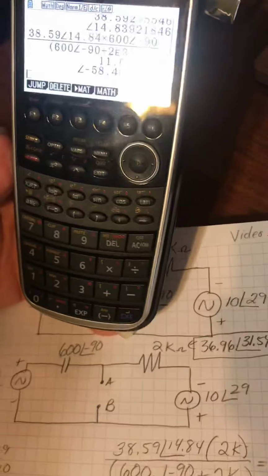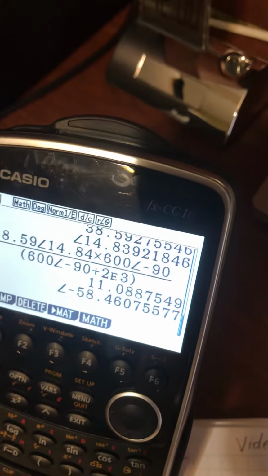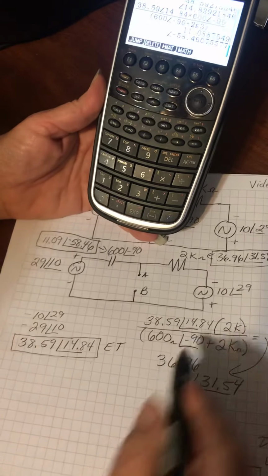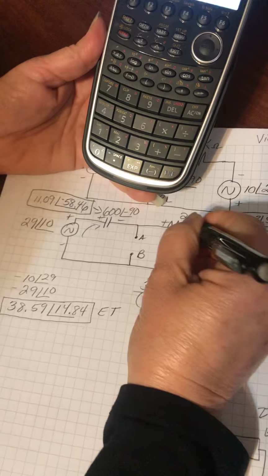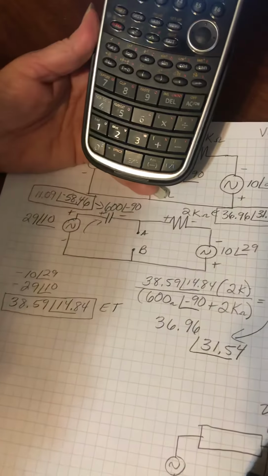So here we would get 11.09 volts at an angle of negative 58.46. That's the voltage across this guy. So now we know that it's going to be flowing this way, plus to minus, because that's what the polarity is going to be.